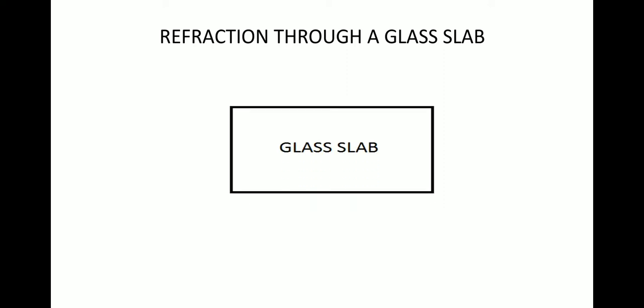Refraction through a glass slab. Let's take a rectangular glass slab and let an incident ray be incident on its first surface. As the light is traveling from air to glass, that is from rarer to denser medium, the light will bend towards the normal.